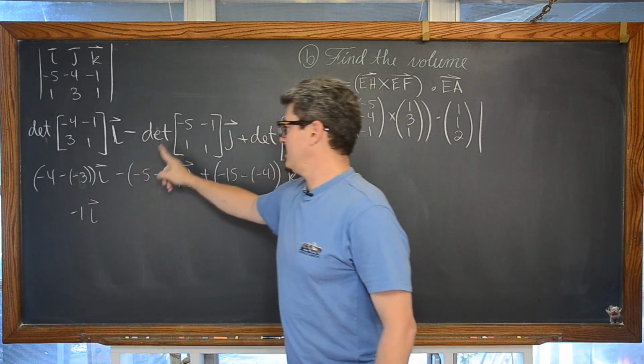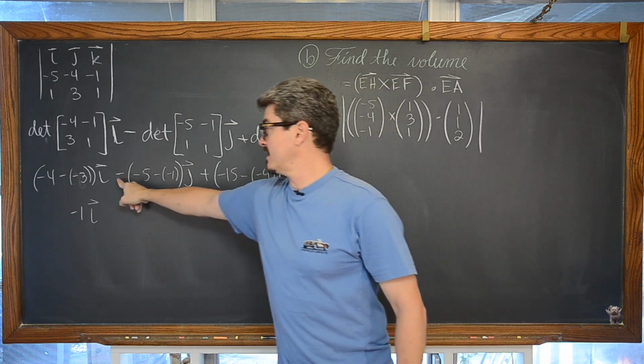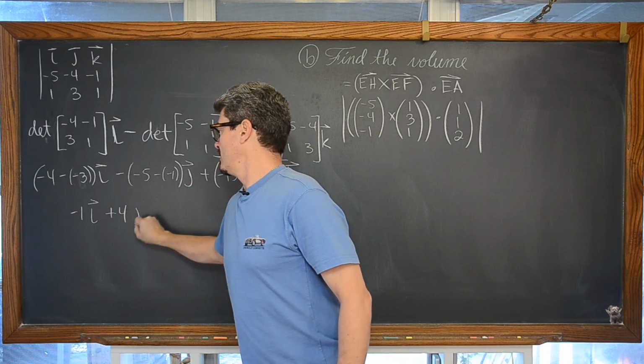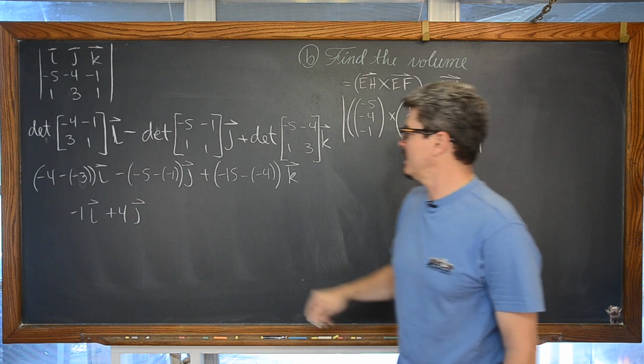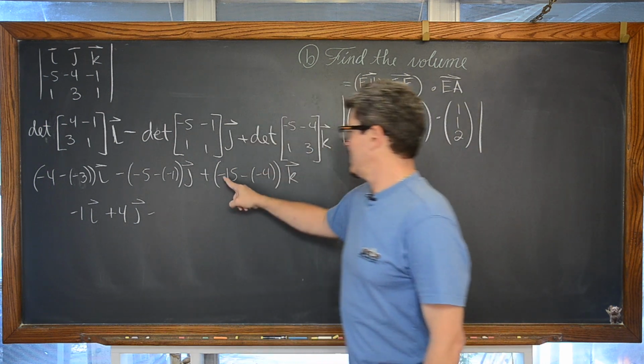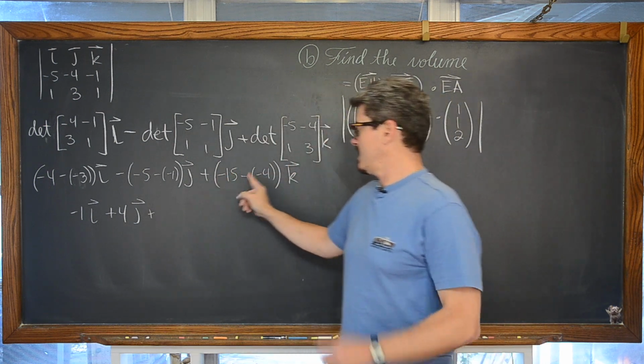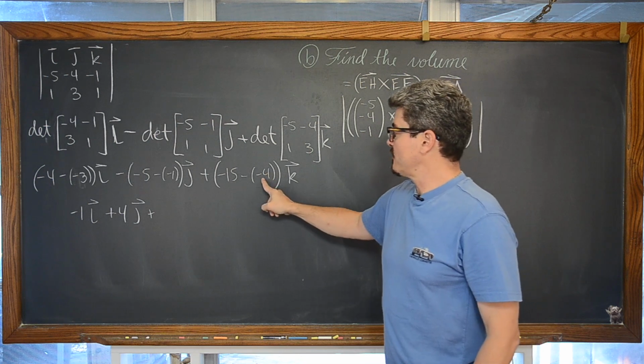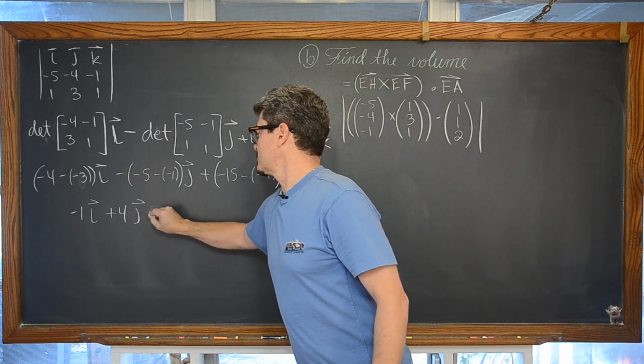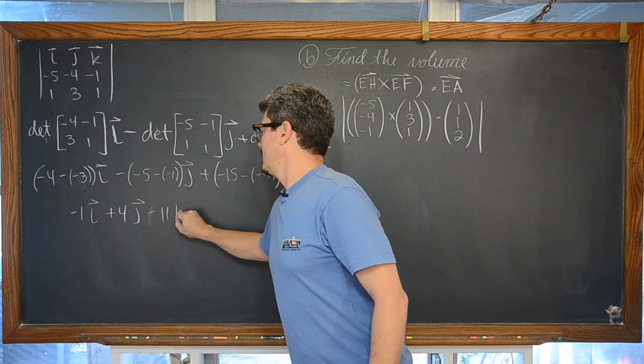We've got negative 5 plus 1 is negative 4 with a negative out here, gives us a plus 4J. And then we've got plus negative 15 plus 4 is negative 11. So plus or minus, I'm just going to write minus 11K.